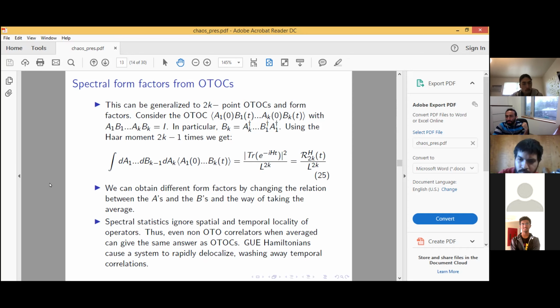Can you repeat your intuition? Yes. GUE has Haar invariance, and due to Haar invariance, we can change any operator A to something like U A U dagger at any time, even at time equal to 0. So any locality of time that may be there is immediately lost.